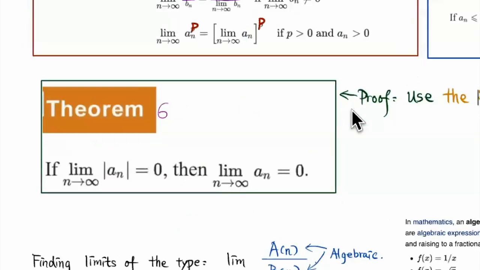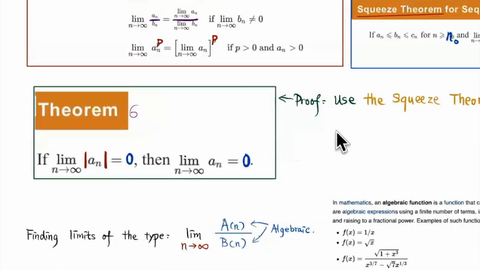Now we can use this squeeze theorem to prove this. What does this say? If the limit of the absolute value of An equals 0, then the limit of An goes to 0. What's the difference between this one and this one? This one has the absolute value, and this one doesn't.